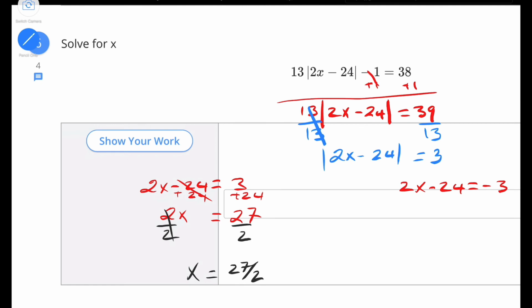Or you can put 13.5. Or you can put 10.5, all right?